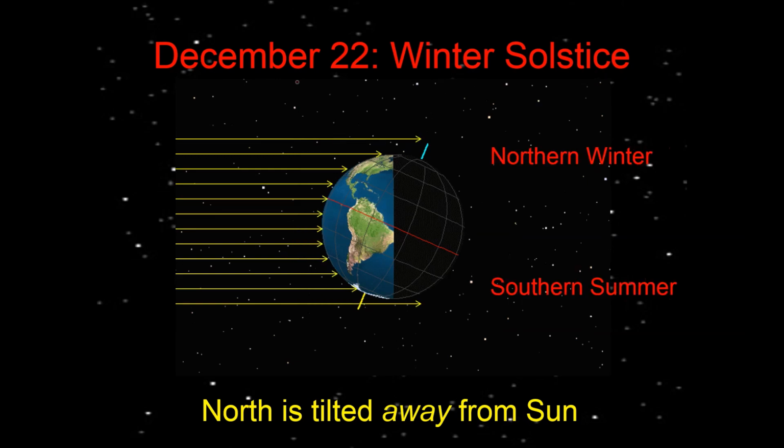During the winter solstice in December 22nd, now you can see that the southern hemisphere is pointed towards the sun. So this would be the northern winter solstice. So at this point, the sun would be the lowest point in the sky for the people in the north. Here's our equator, here's the sun illuminating the earth.